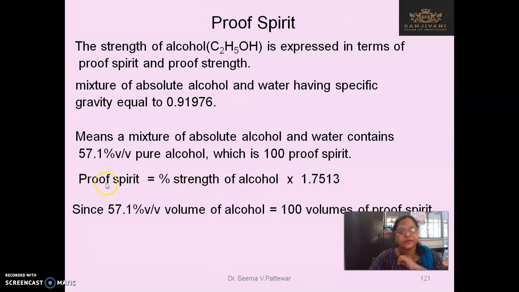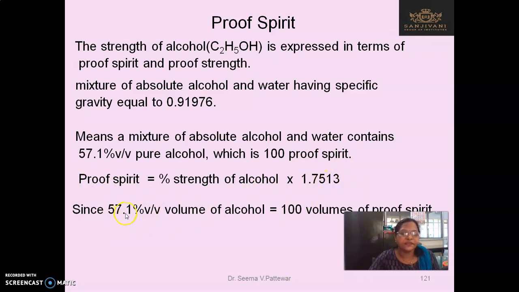Again, there are two types of sums: percentage alcohol into proof spirit and vice versa. For that purpose you have to remember this constant, that is 1.7513.